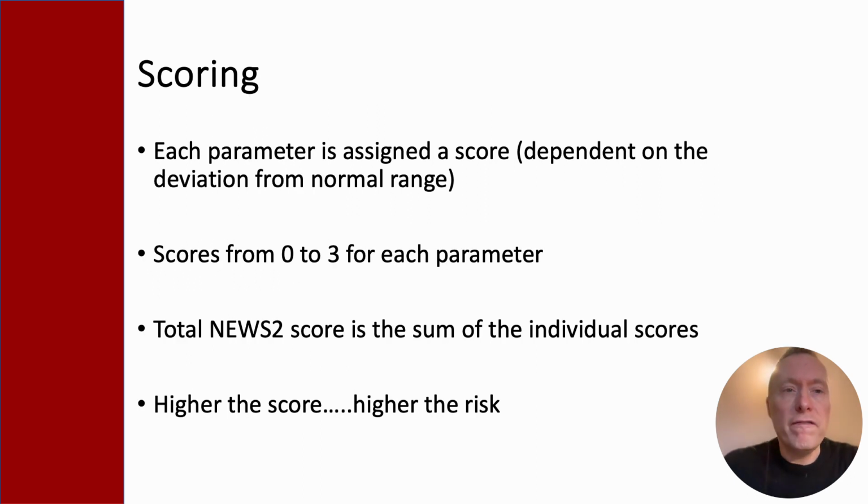Each of these physiological parameters is assigned a score, and this score is dependent on how deviated it is from the normal range. And the scores for each of the parameters ranges from 0 to 3. A total NEWS score is the sum of the individual parameter scores combined. The higher the score, the higher the risk and the more urgent it is for the person to have medical intervention and to be escalated.